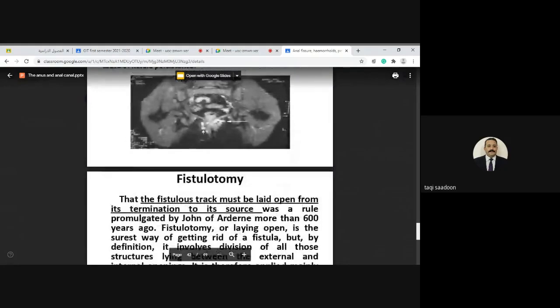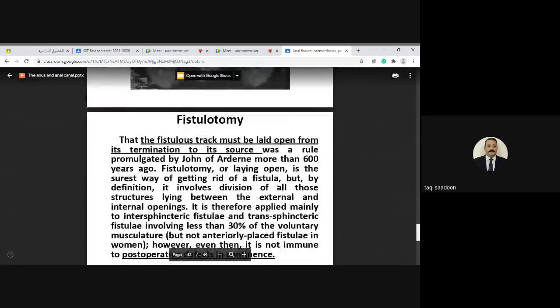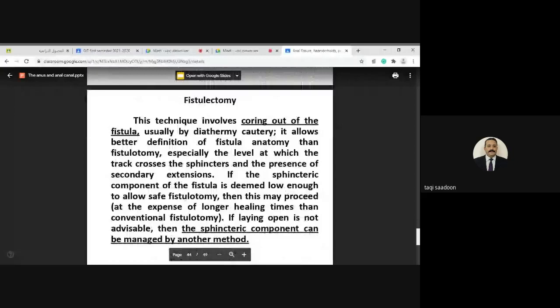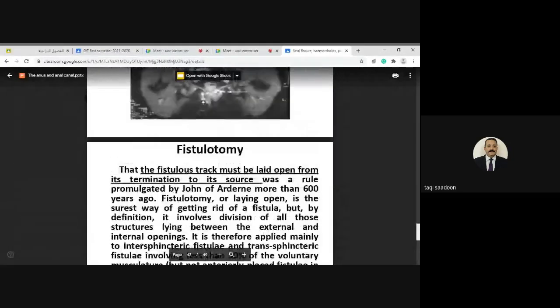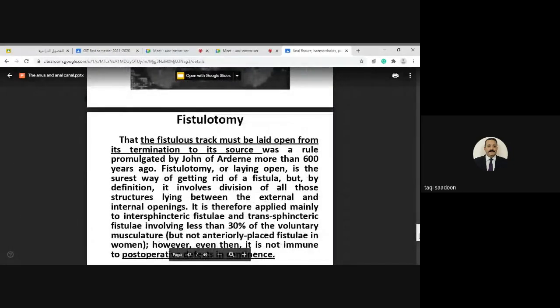The treatment is either fistulotomy or fistulectomy. Fistulotomy: the fistula tract must be laid open from its termination to its source.